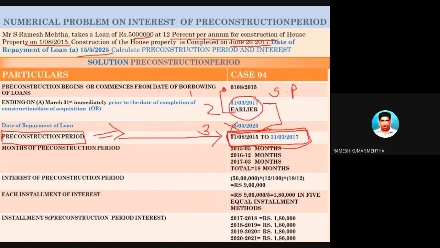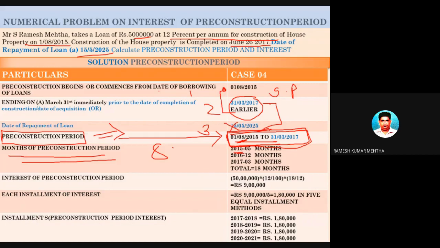Next we have to find out what is the interest paid from 1st August 2015 to 31st March 2017. For that purpose, we are required to find out how many months or days are there during this period. During calendar year 2015 there were 5 months: August, September, October, November, December.